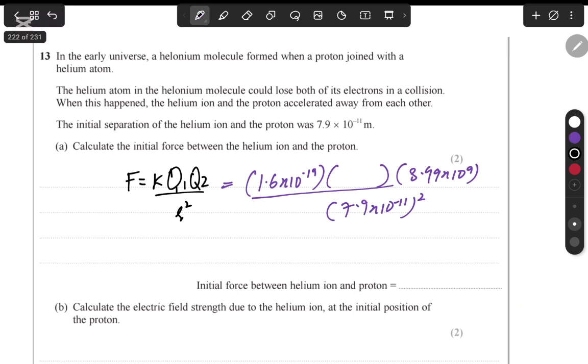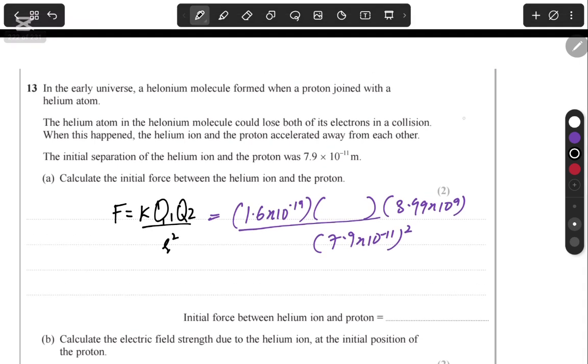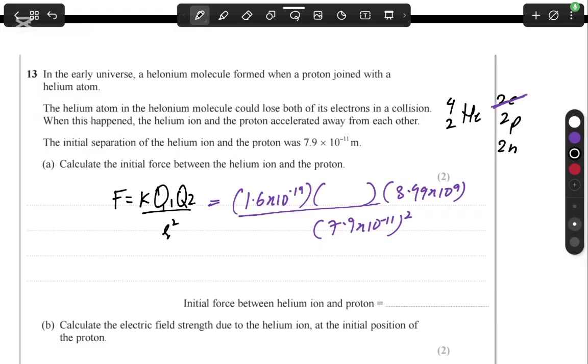Now for the helium ion, we know helium is written like this, 4-2. Helium has 2 protons and 2 neutrons, and it has 2 electrons as well. So the electrons and the protons balance each other out, and helium has no charge. But the question tells us that when the electrons are gone, the helium atom becomes a helium ion.